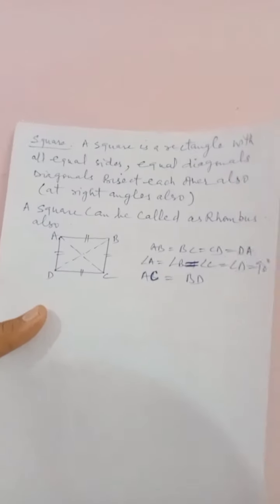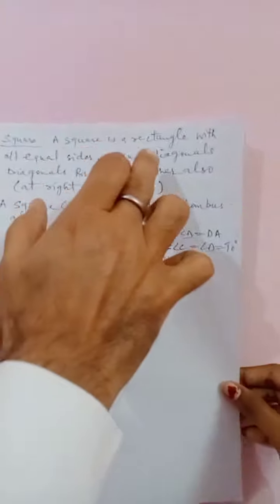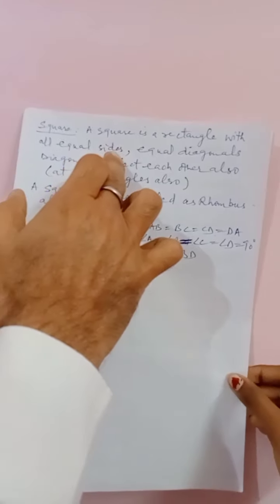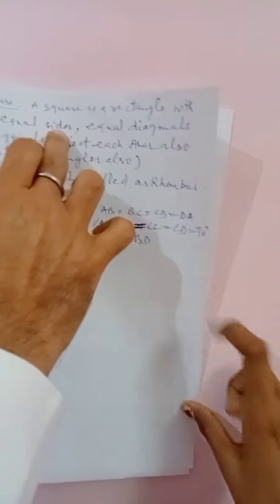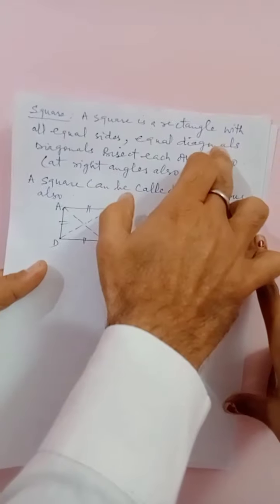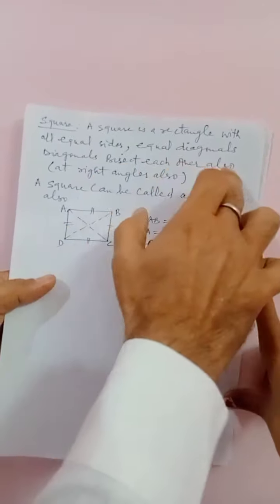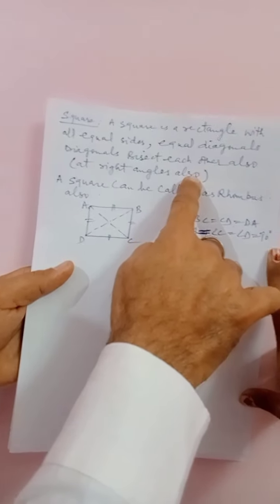Next is a square. Now here you note it, a square is a rectangle with all equal sides. A square is a rectangle with all equal sides and equal diagonals. Diagonals bisect each other also at right angles.